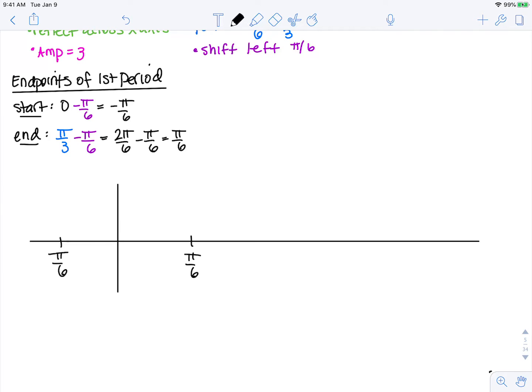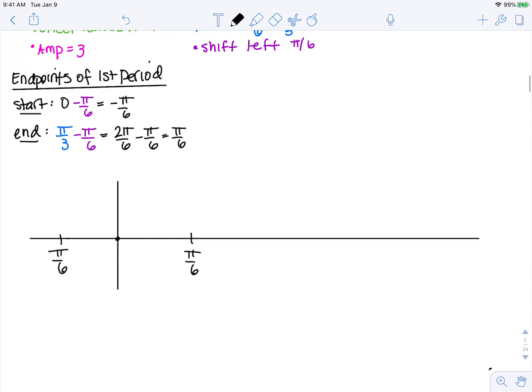Now to split this in half, that's pretty easy. We split in half here at 0, and then between 0 and pi over 6, that splits to be pi over 12, and this half will also be negative pi over 12. Now my amplitude tells me how high up and down I should go, 3 and -3.